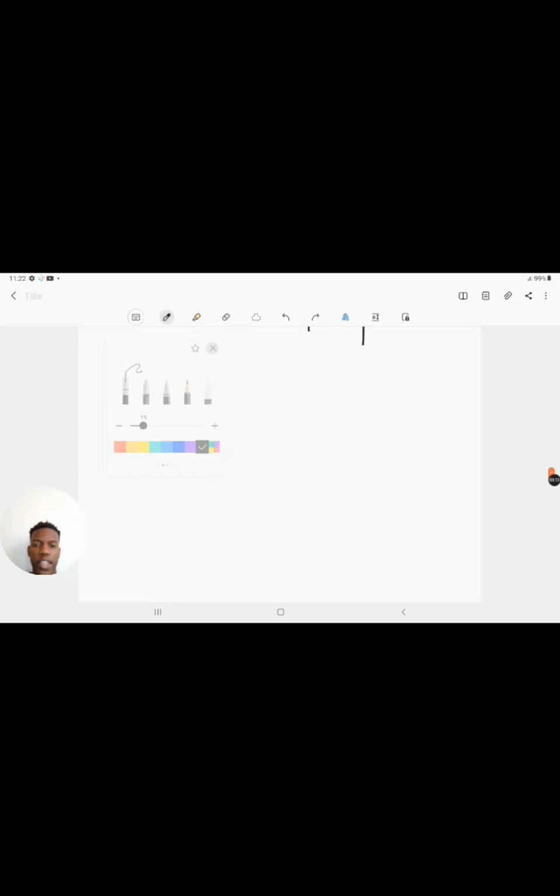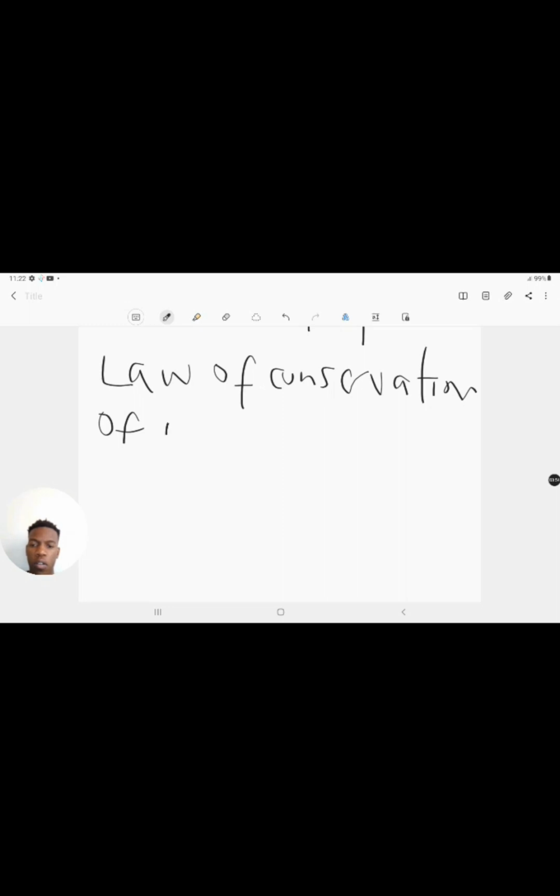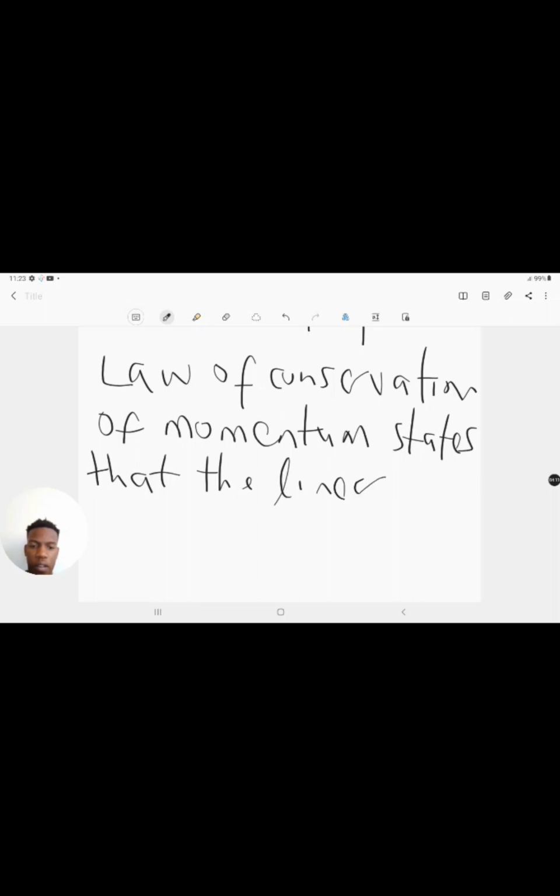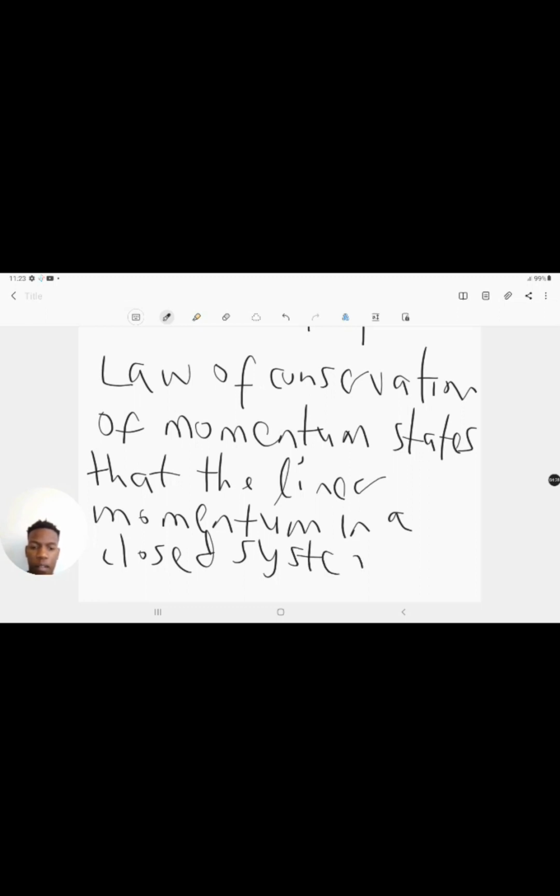The law of conservation of momentum states that the linear momentum in a closed system is constant, right?